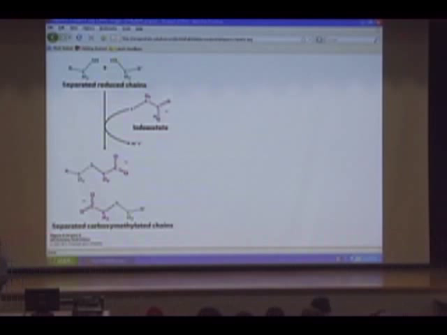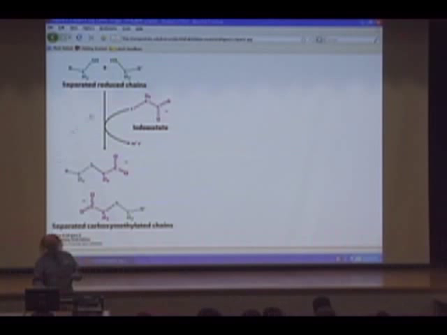One of the things that we want to do sometimes when we're studying a protein is to block the ability of the sulfhydryls to come back and form a disulfide. There are various reasons we may want to do this. We may be analyzing the amino acid sequence or a variety of things inside of the protein. So once we reduce it with mercaptoethanol or dithiothreitol, we want to block those sulfhydryls and keep them from coming back together.